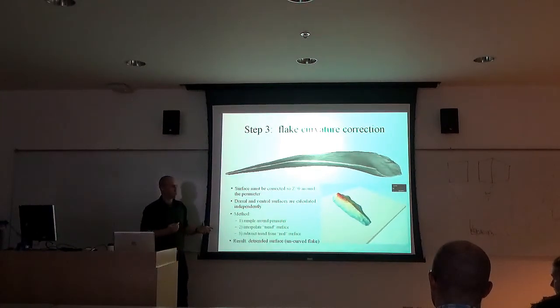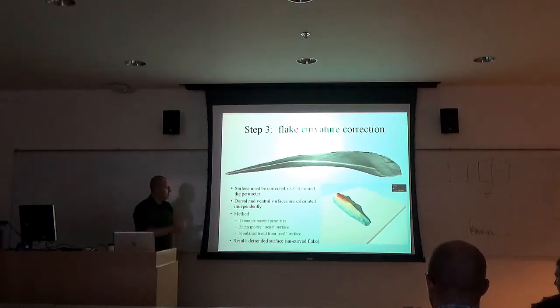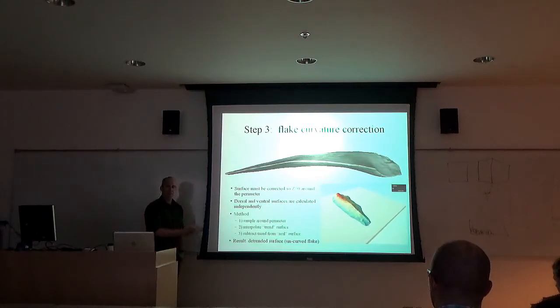So I basically had to learn how to digitally straighten lithics. Once again, borrowing from outside the box, it turns out there's all these hydrologists who digitally flatten rivers all the time. And so you can do the same thing with lithics.